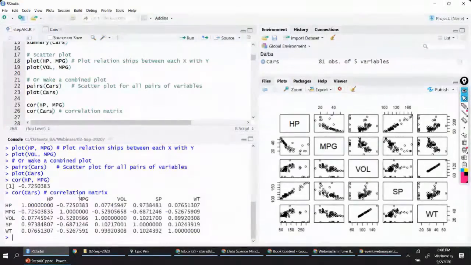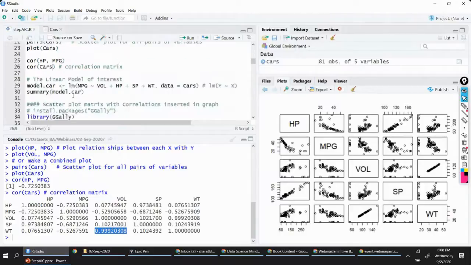Either you refer to the upper triangle or the lower triangle, the values are the same. And we have identified that horsepower and top speed are correlated. Similarly, volume and weight are correlated, right?